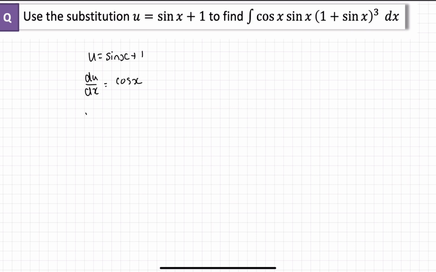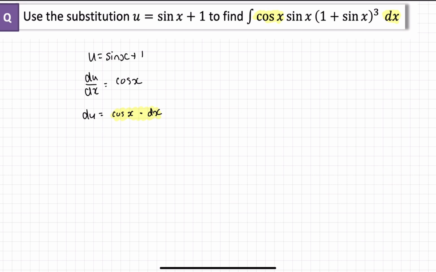That's it. Great. So du is cos x times dx. Great. Well, I can see cos x dx is here. Okay, so that's going to become du. That's going to be helpful.